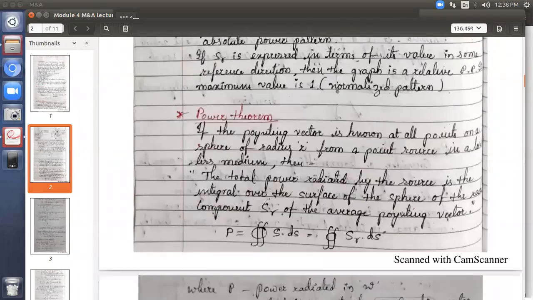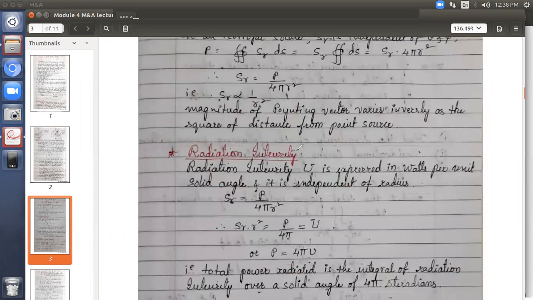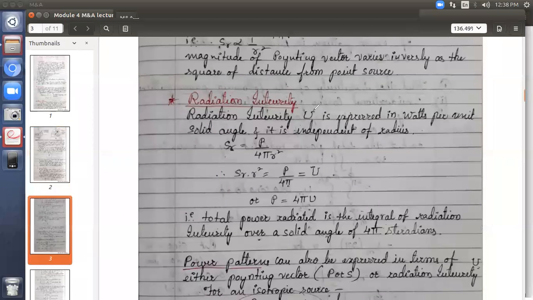So power theorem we have already discussed. This is a small part, radiation intensity. It's a repetitive term, one of the antenna parameters we have studied already. What is the radiation intensity? U. Again, it is power flow per unit solid angle. Somewhat like that we define it.